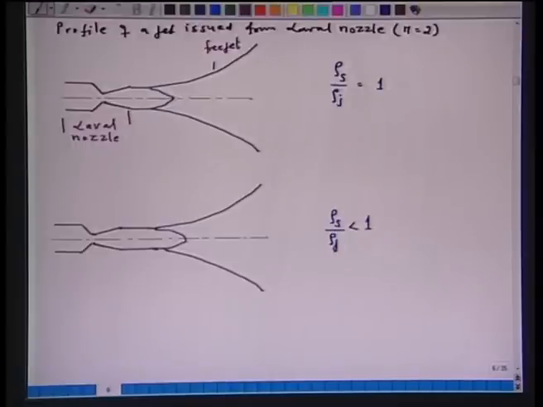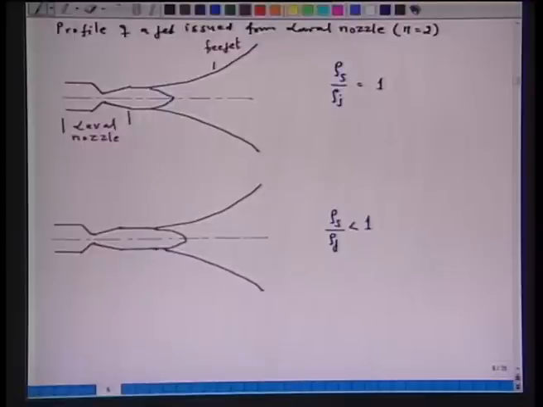Now, this free jet is characterized by the density of the surrounding divided by the density of the jet. That means the behavior of the free jet is decided by the ratio of the densities of the surrounding as well as the jet. A jet issuing from the nozzle spreads into the surrounding, and the rate of spreading depends upon the density of the surrounding.